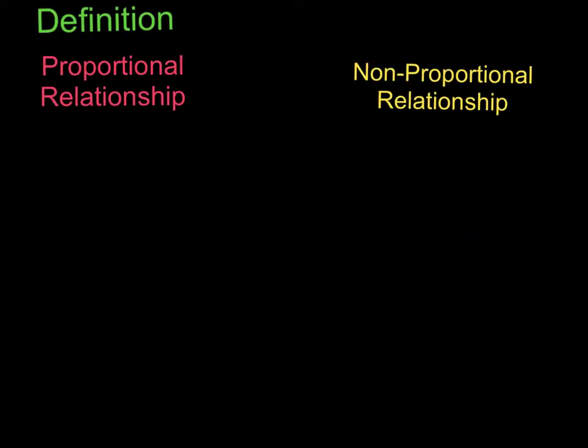So first, a proportional relationship is the same as a direct relationship. In our last lesson we talked about a direct linear function that is the same as a proportional relationship. And then non-proportional is also referred to as an indirect.